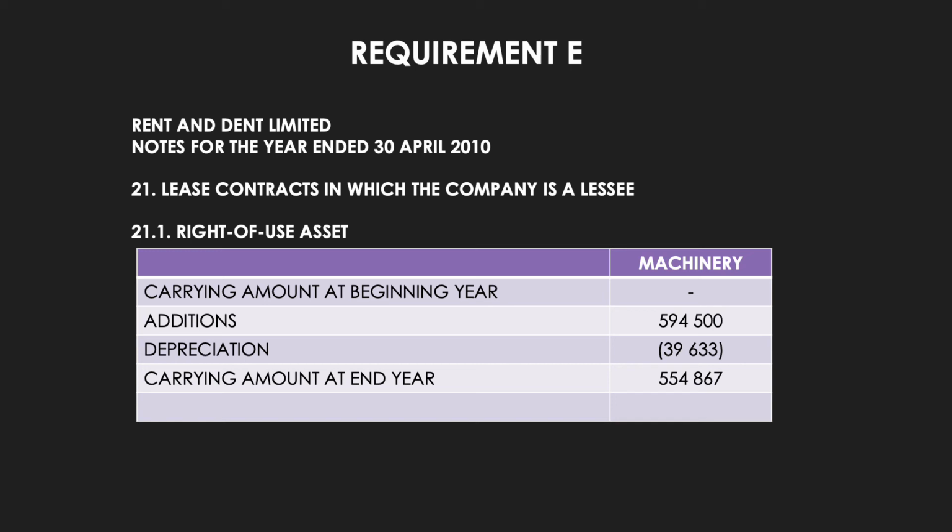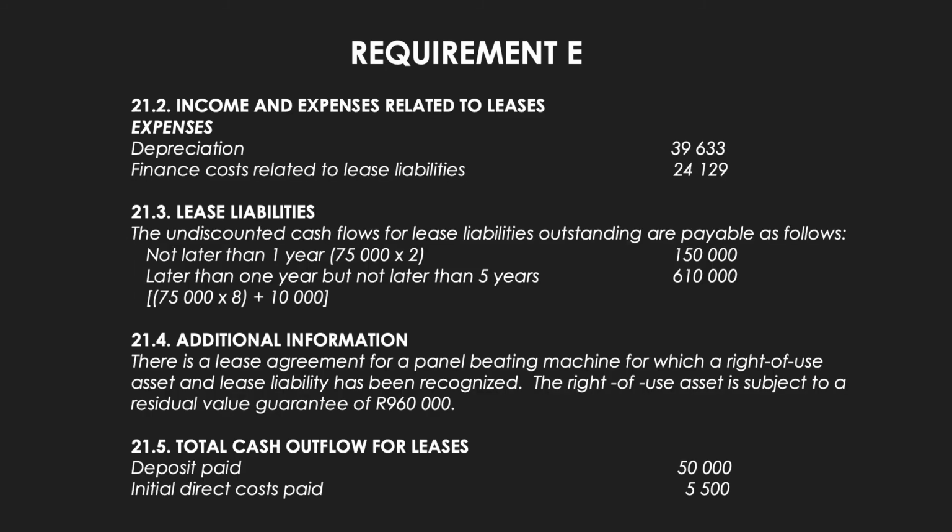But we have an addition of the cost of the right of use asset of 594,500 Rand. We then know that we depreciated the asset, and the depreciation amounted to 39,633 Rand, and that then led to a carrying amount on the 30th of April 2010 of 554,867 Rand. That is the right of use asset note.